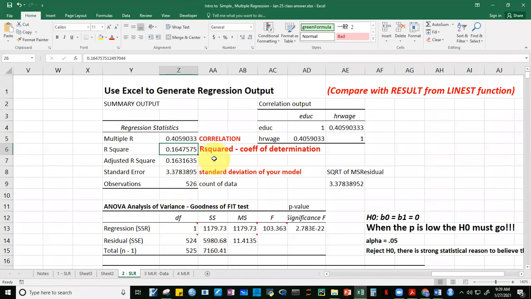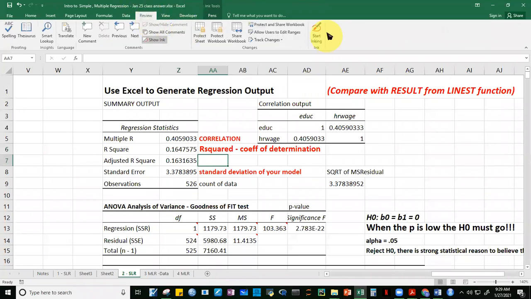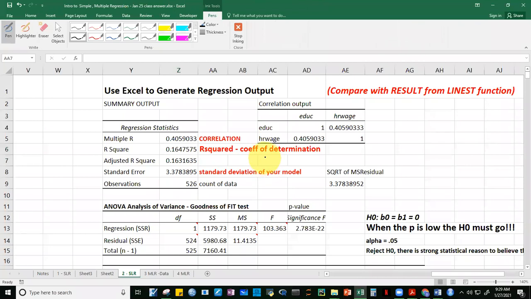Now itong adjusted R squared, this is more relevant guys kung multiple regression tayo. And the formula for this one, sulat ko lang dito, is we write it as R squared. No? May line dito. That's adjusted R squared.